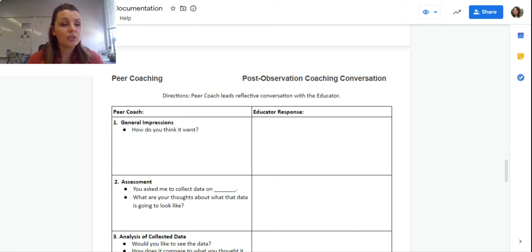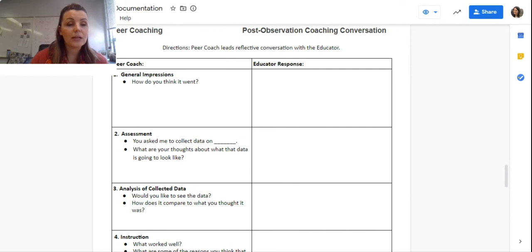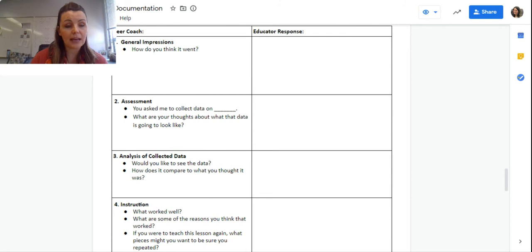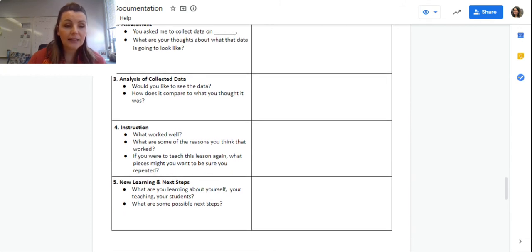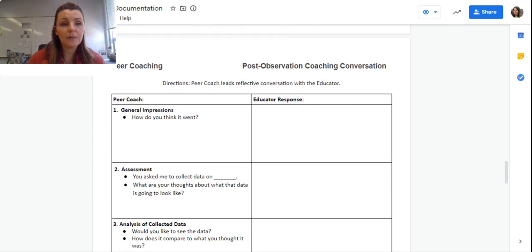We'll first talk about general impressions, then listen to the response of the educator, then ask questions about the assessment, then there'll be an analysis of the data, then asking questions about the instruction, and then finally reflecting on new learning and possible next steps. This form would need to be completed or gone through for both educators.